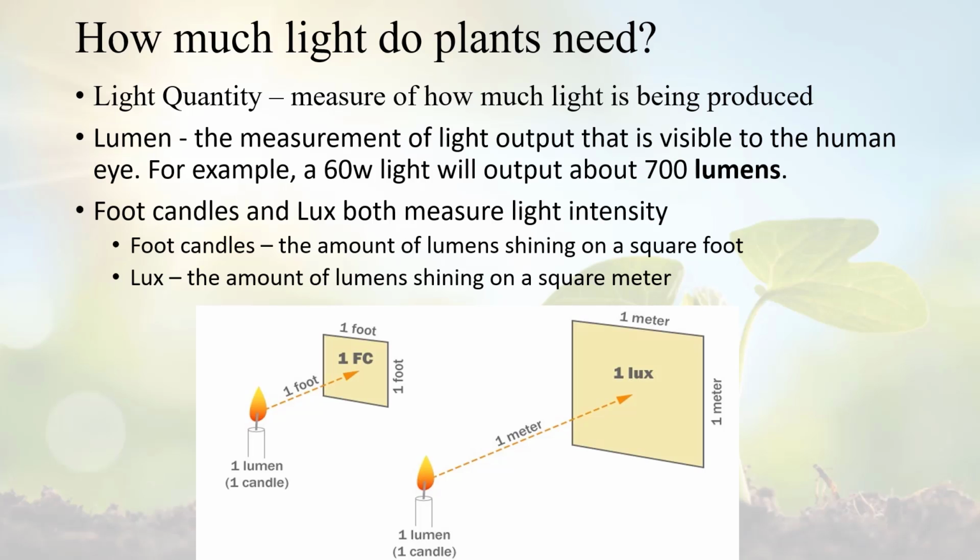So you have your candle, it's a foot away from your wall, you're viewing an area that's a foot by a foot, and the intensity of light that you see there would be considered a foot candle. Lux is essentially the same thing, but in the metric form. So in this lux example, your candle is a meter away from the wall, and you're looking at a meter by a meter square area, and the light intensity that you see on that area would be considered 1 lux.